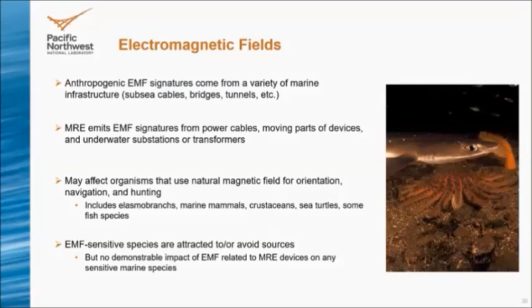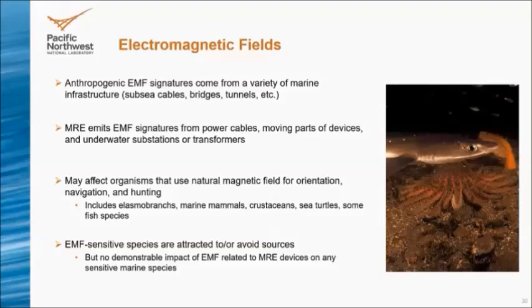And we worry about this because many organisms use the natural magnetic field of the Earth for navigation, for orientation, for hunting, although it's important to note that there are only some species that have the receptors, both the electrical and the magnetic receptors, to be sensitive. Many of them don't, and they simply cannot detect these fields.